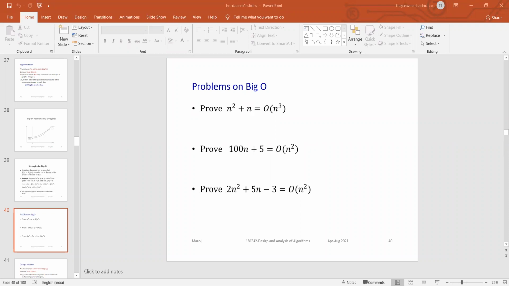Similarly, can anybody solve this particular problem? 100n plus 5 is equal to big O of n square. What is C for this particular problem? What is T of n?